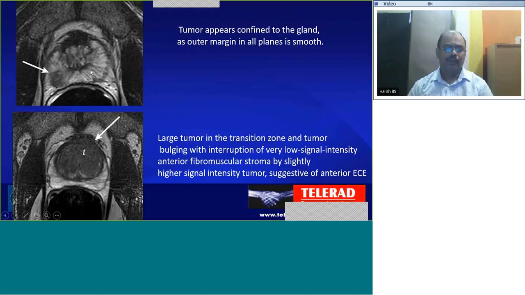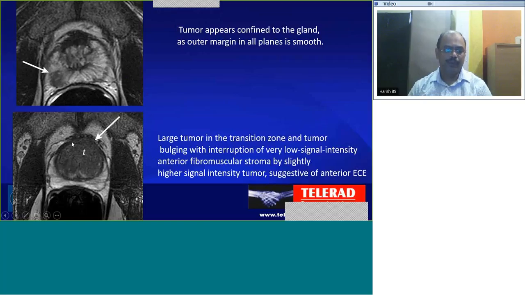Another case of T2 staging, wherein the tumor appears to be confined to within the gland and the periprostatic tissues are clean. Then we have another case wherein there is a large tumor in the transitional zone, and the tumor causes bulging with interruption of the low signal intensity of the anterior fibromuscular stroma by significantly higher signal intensity tumor, suggestive of anterior extracapsular extension.